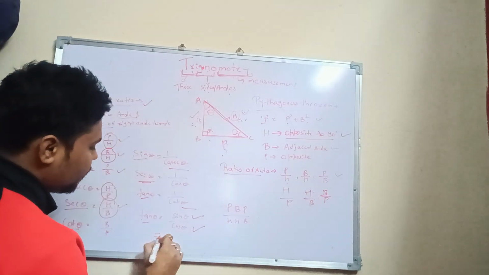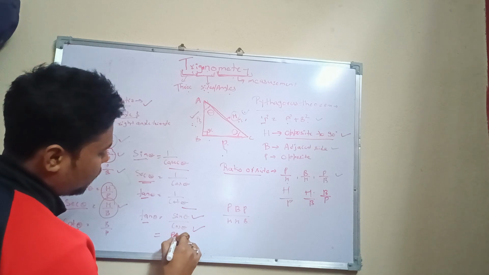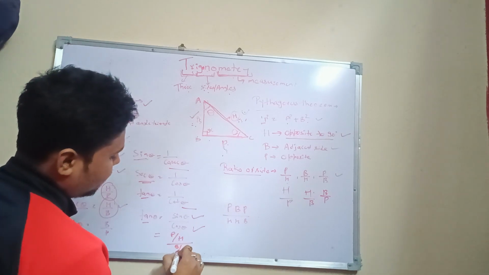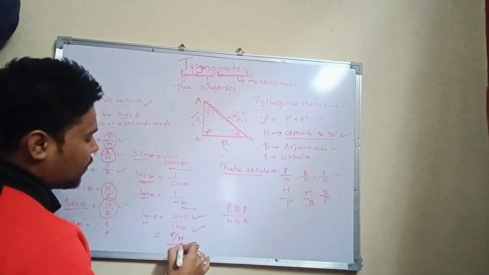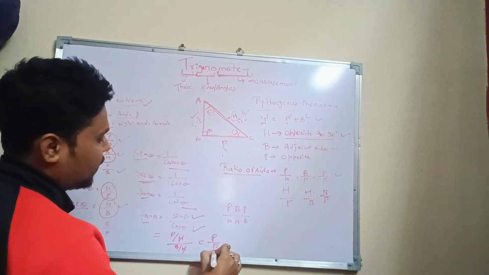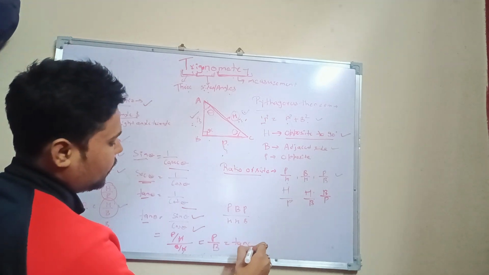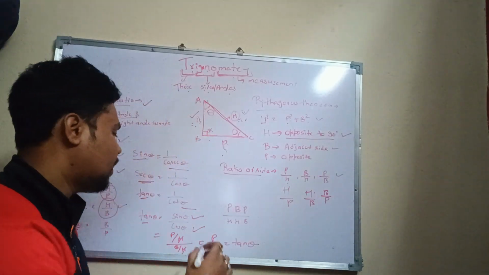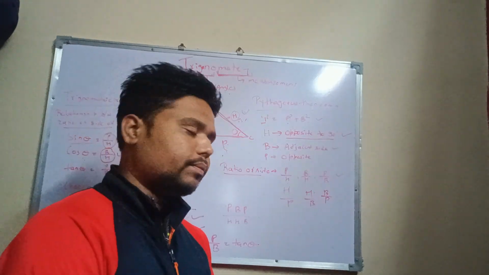How? Because we know that sin theta is perpendicular upon hypotenuse and cos theta equals base upon hypotenuse. So the hypotenuse and hypotenuse cancel each other out and it becomes perpendicular upon base, which is tan theta.